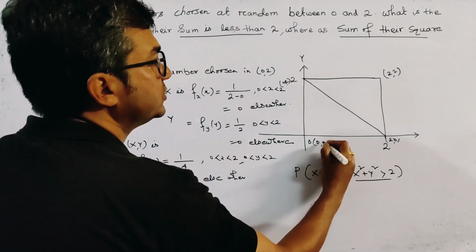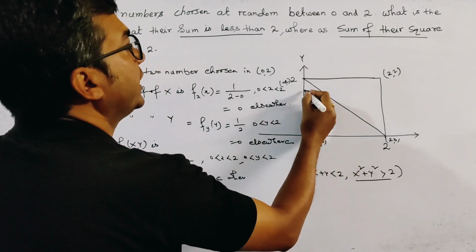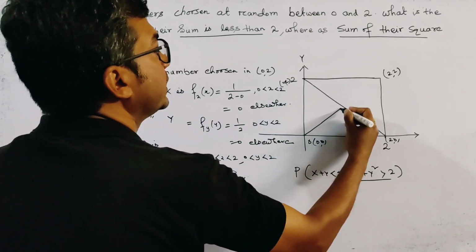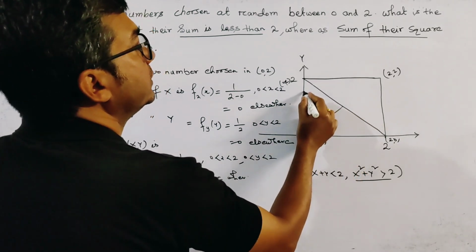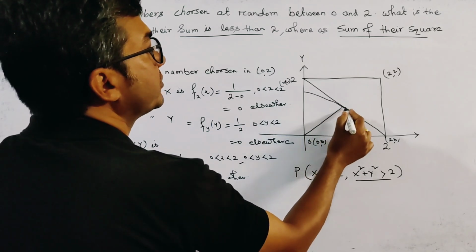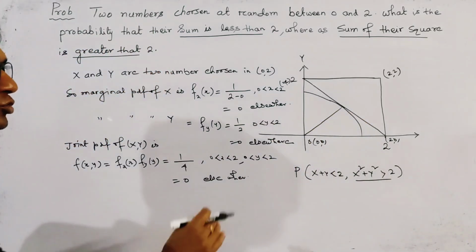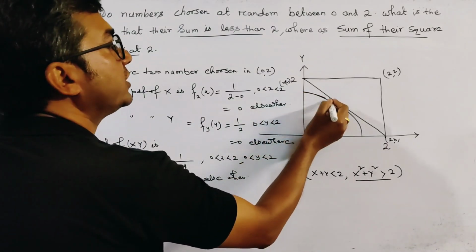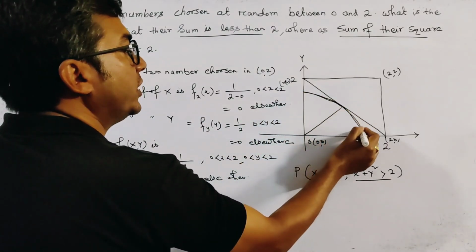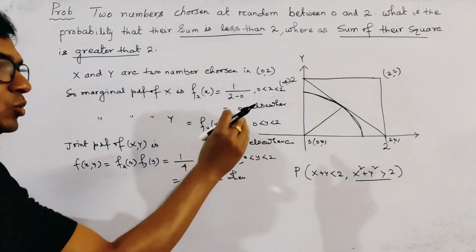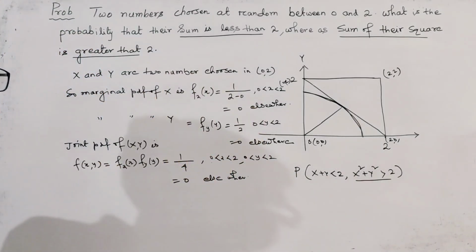This is the center (0, 0), and we draw the circle in the first quadrant only, because our original range is 0 to 2 and 0 to 2, so we only have to consider the first quadrant.